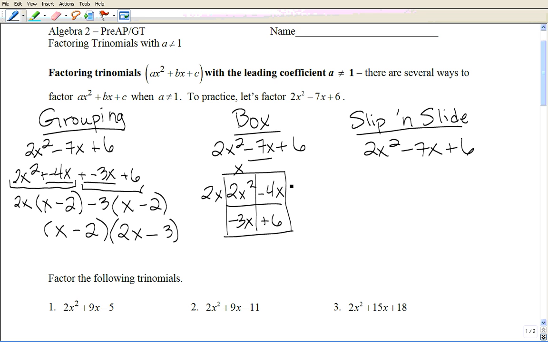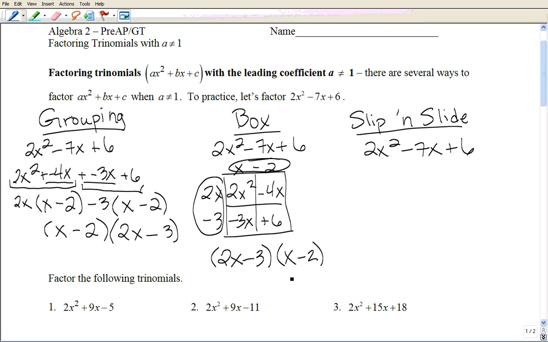So then over here, we think, what times 2x gives us negative 4x? Well, it's negative 2. And then over here, x times what gives me negative 3x, and that's negative 3. So again, we get the same factors. 2x minus 3 times x minus 2.